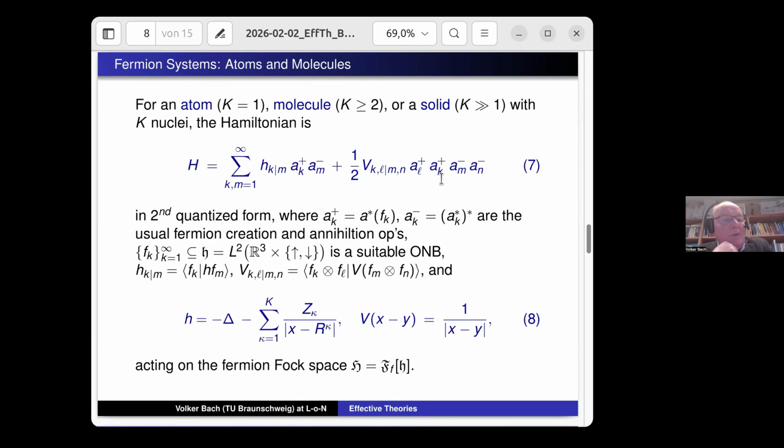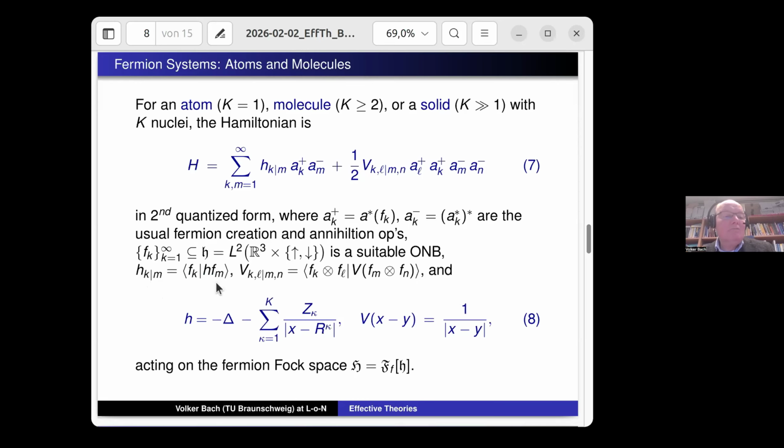Here the Hamiltonian comes in two pieces. There's a quadratic piece and a quartic part. The quadratic term is usually called the one-body operator, and little h enters this quadratic part with its matrix elements h_km. Can you see my mouse, by the way? Yes. Okay, thanks. The h_km are the matrix elements of the one-body operator h in orbitals phi_k and phi_m.